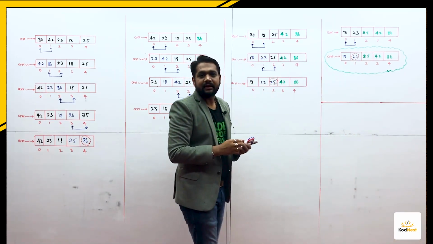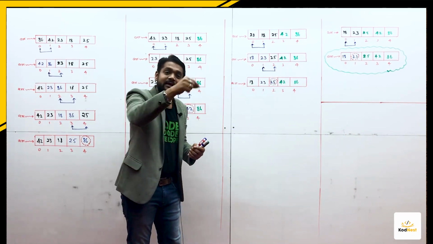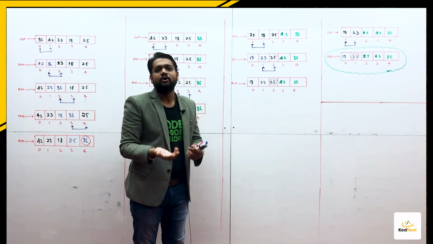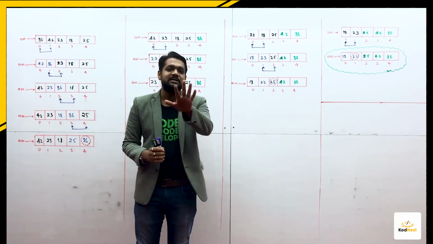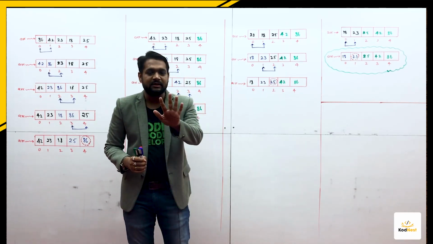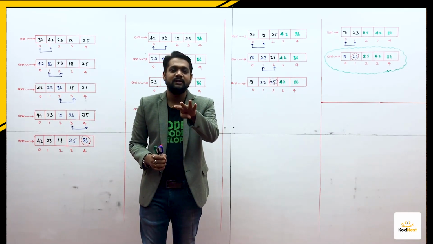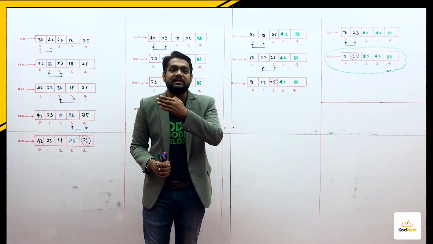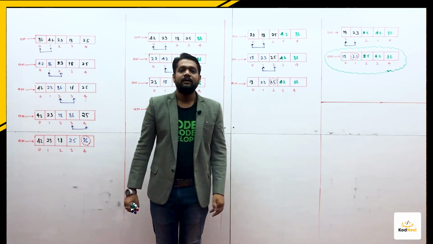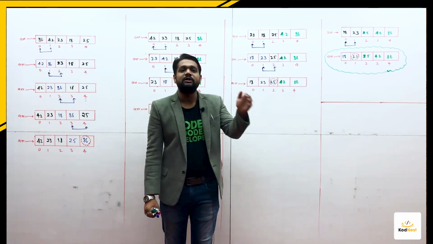5 elements are there. In 4 iterations, if 4 elements get their positions, automatically the 5th will be in its position. 5 students are there. I will tell all 5 students, arrange yourself in the ascending order of your height. 4 students correctly went and stood in their positions.